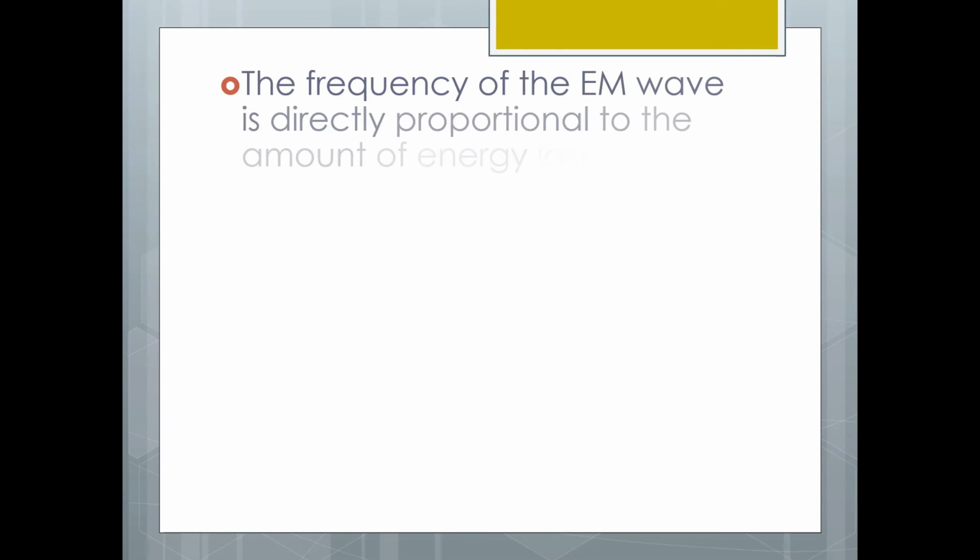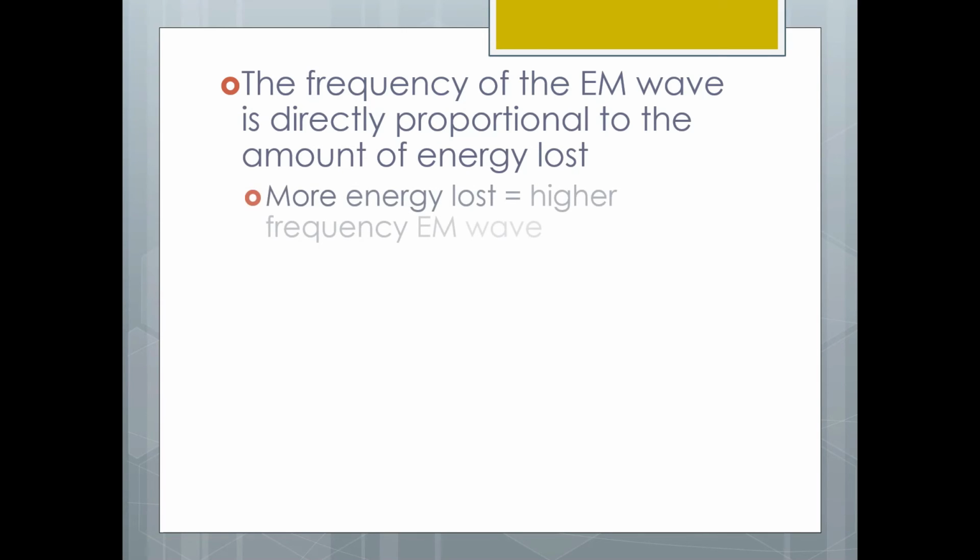Now, the frequency of the electromagnetic wave is directly proportional to the amount of energy that is lost. So, the more energy that you lose, the higher the frequency of the electromagnetic wave.